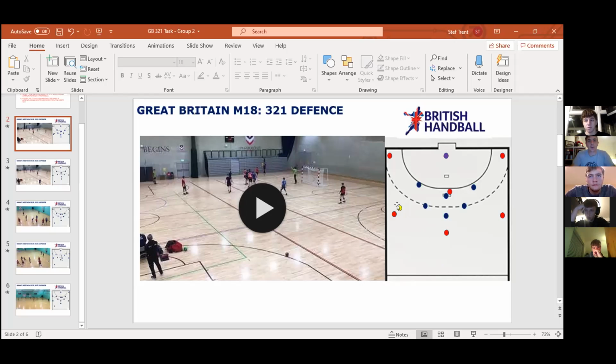What's too close when we talk about the wing defender being too close to the number 2? What is too close? So how we should view it in the 3-2-1 is all about individual defence, and if too close depends on how good the back player is at one-on-one defence, and if you don't have any trust in your number 2 and you think he's going to get beat, you want to try and edge closer towards the middle.